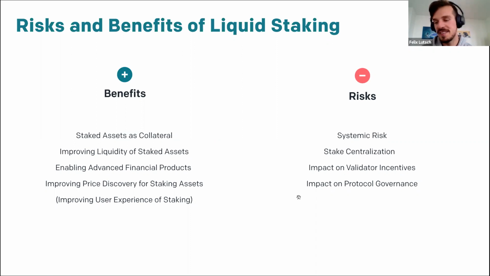So there's a big discussion of this. I will not go into this right now, but there's a big part on this in the paper, and why we think it should actually be fine. And then the other part is more around, does having these kinds of instruments and stake derivatives in general introduce perverse or impact validator incentives?